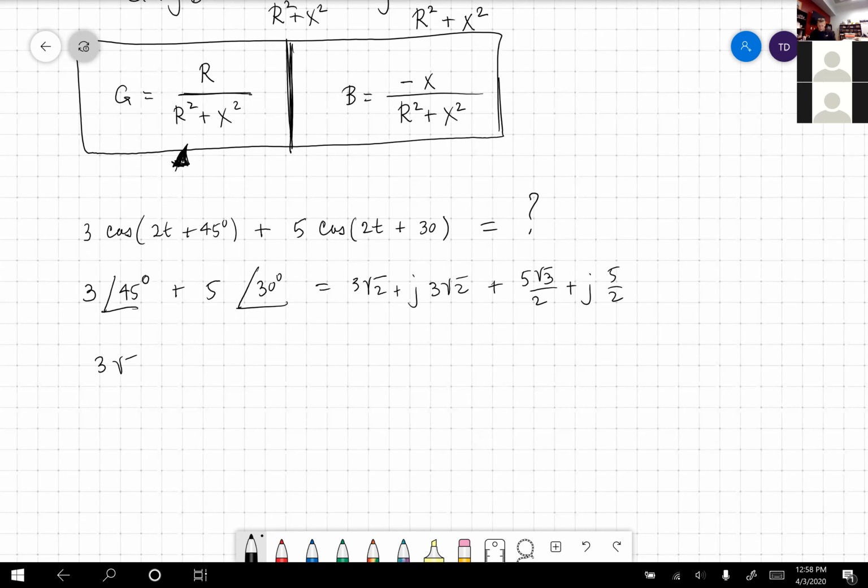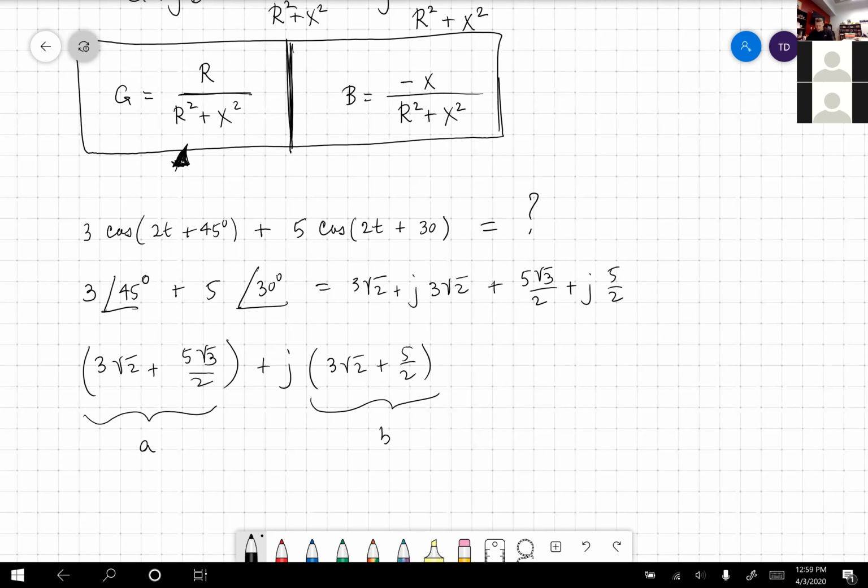3 root 2 plus 5 root 3 over 2. Let's just pretend that that value is a. Plus j, and then I have 3 root 2 plus 5 halves. And just pretend that that value is b.